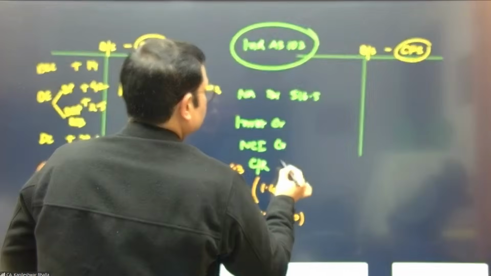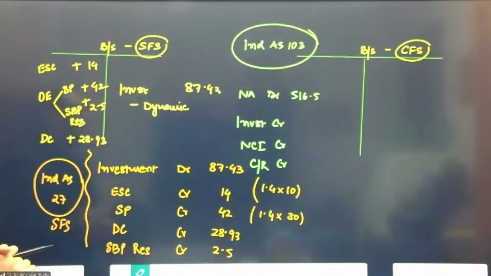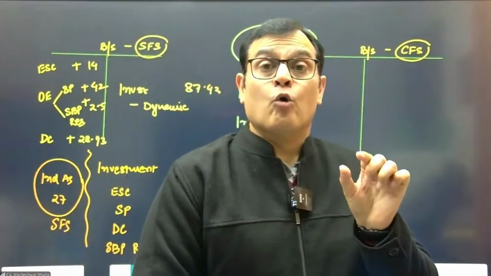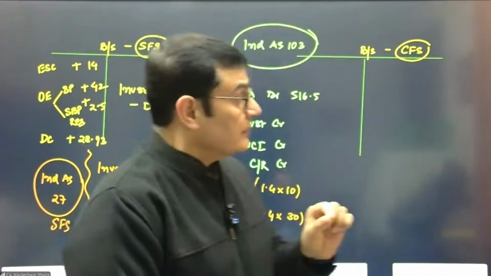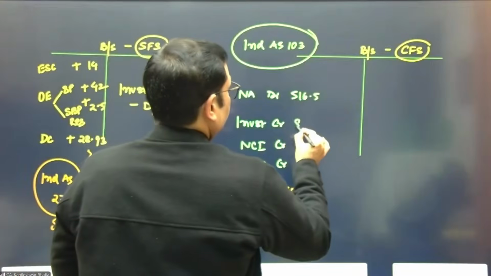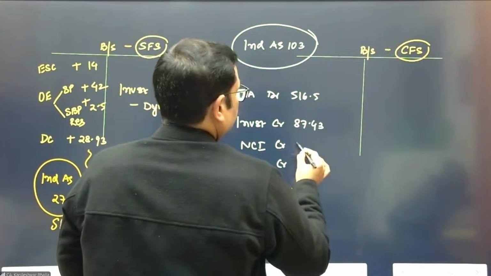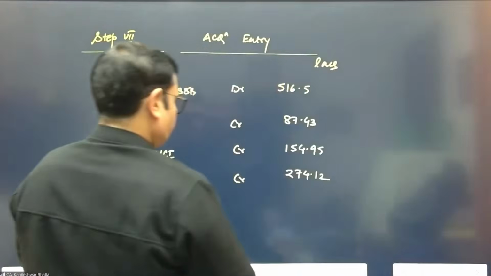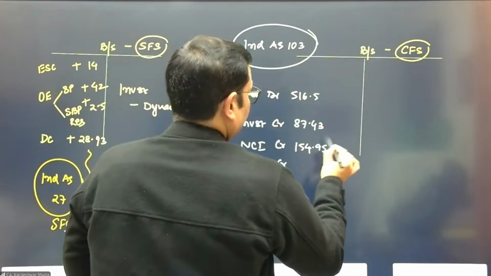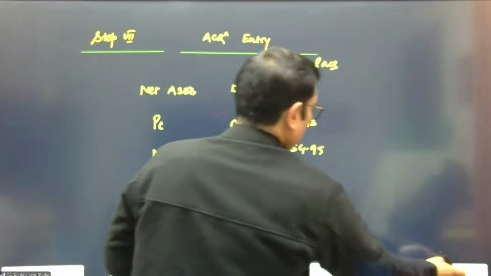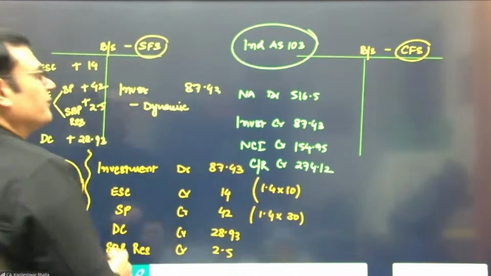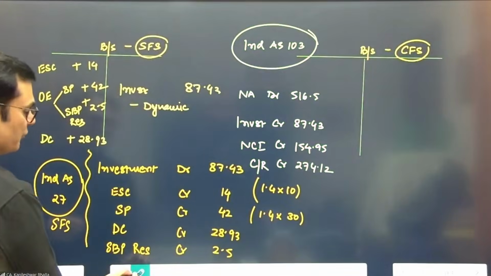The investment, NCI, and the capital reserve gets a credit. So you put the entry under Index 103 on the date of acquisition. The net assets gets captured at a fair value. The investment is 87.43. The NCI is 154.95. And the capital reserve is to the extent of 274.12. This is the entry which we have done under Index 103.